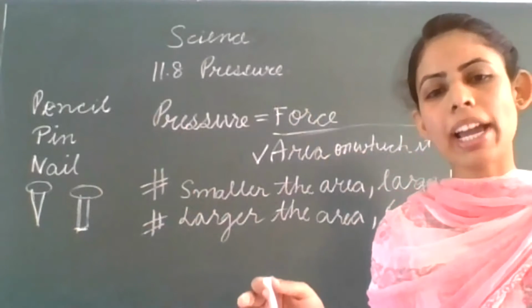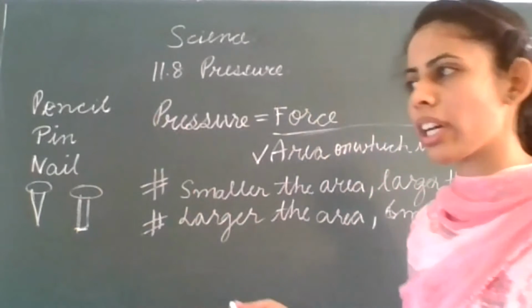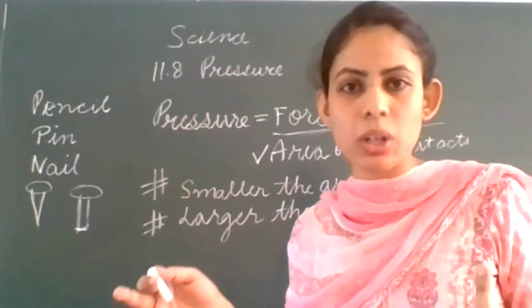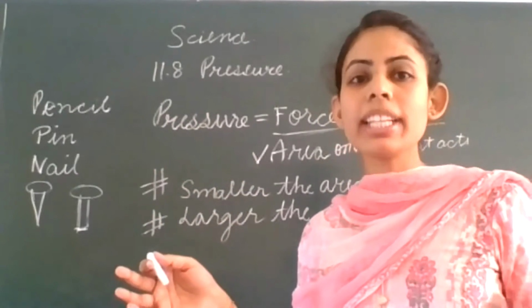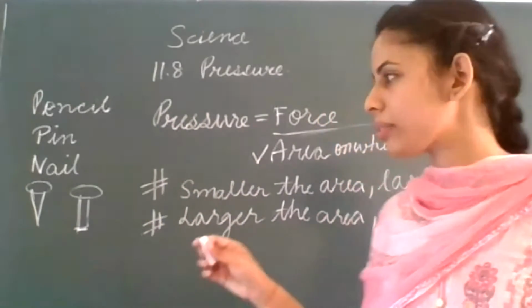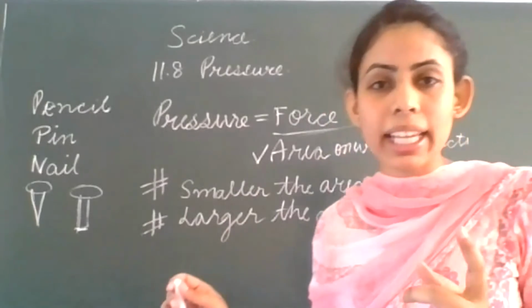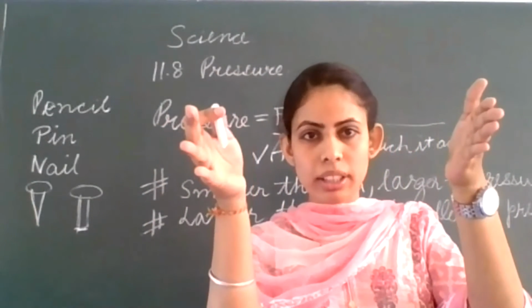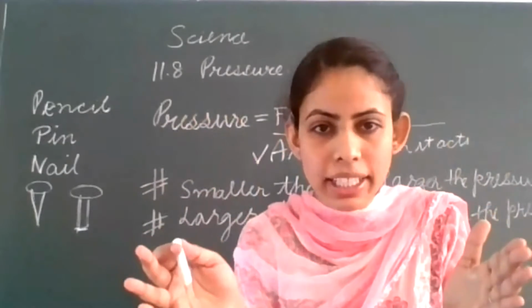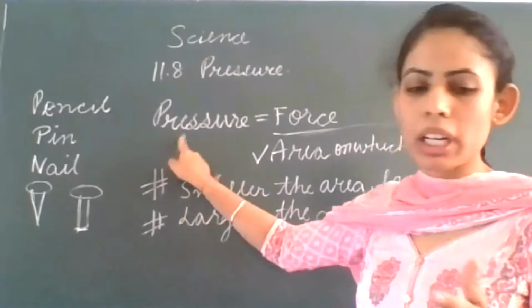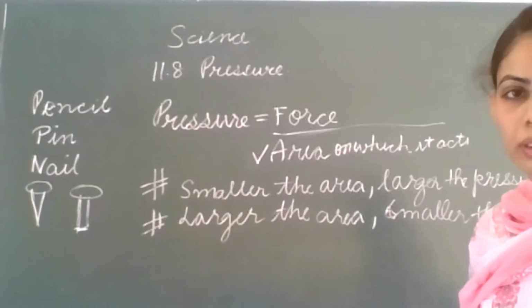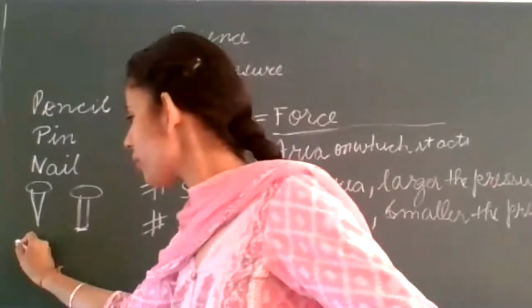In heavy trucks or load carrying trucks, they either have a broad tire or there are two tires also. What is happening in that case? The area is increasing. That means the pressure will decrease. Okay, the next example is of trucks.